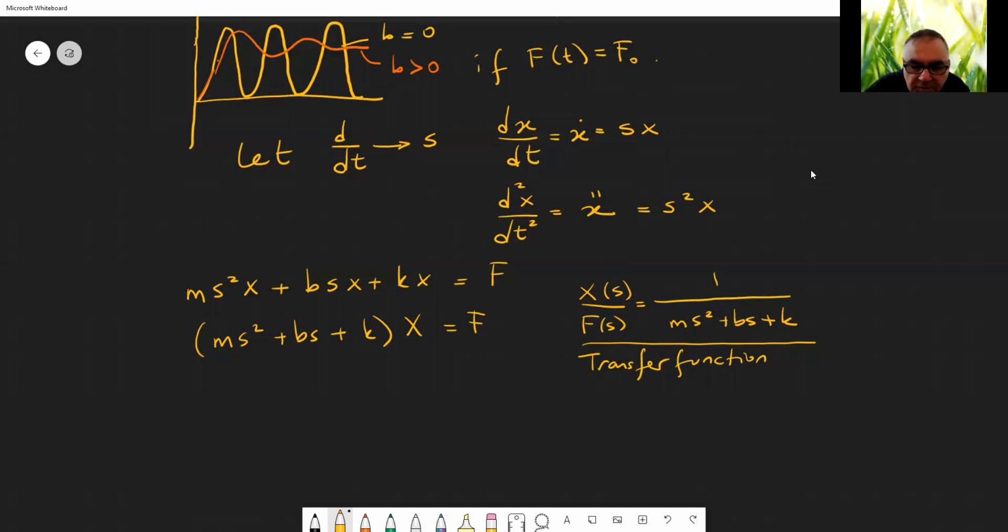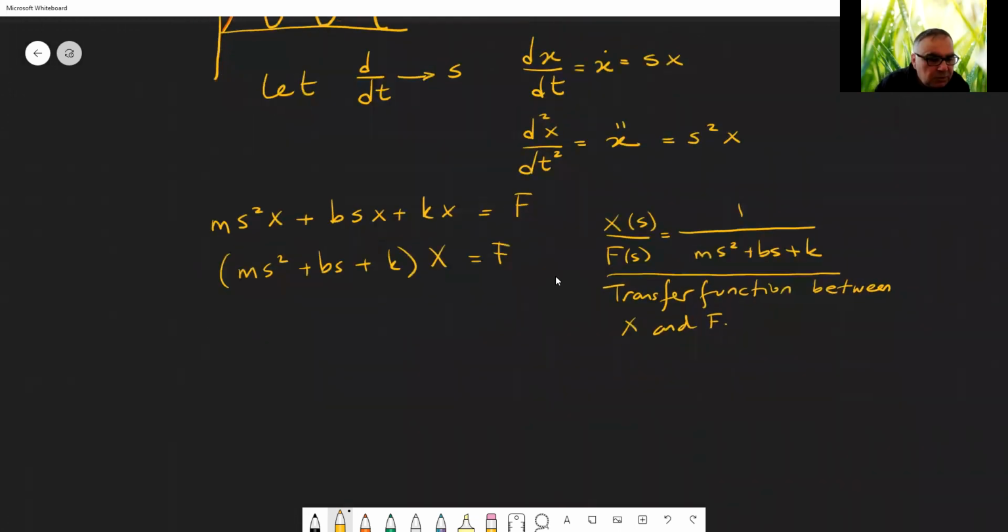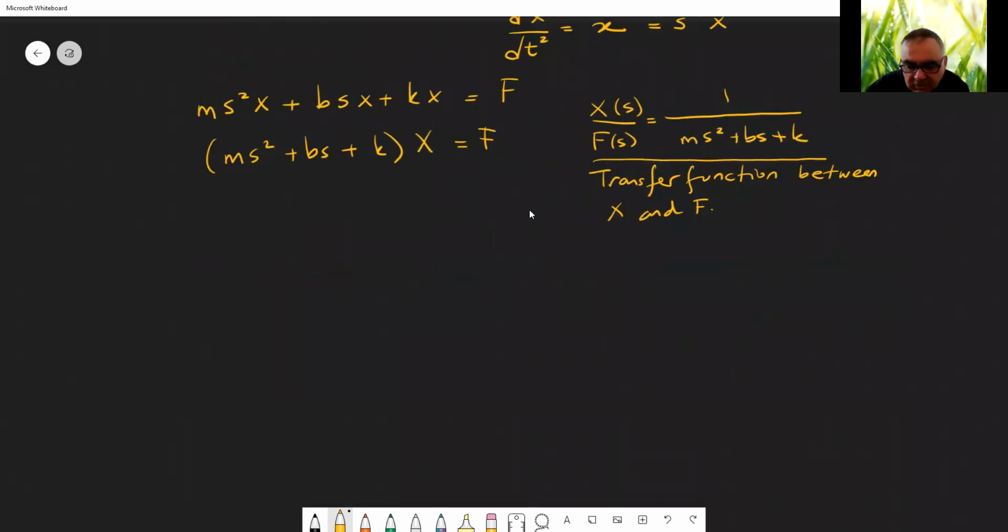For this system, let's say between x and f, x is the output, f is the input, and we usually show this thing by the following graphical representation. You have f coming in. F is the disturbing force that makes this system move.